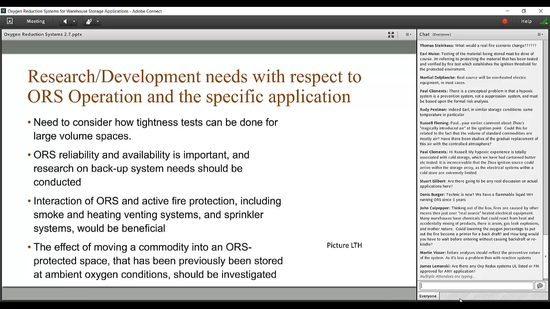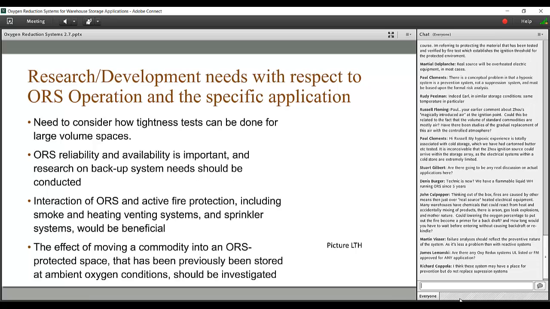With warehouses, you also have the fact that you will move a commodity from the outside into the protected space. So in certain cases, in time, there will be diffusion of the oxygen-reduced atmosphere into the commodity, if that's possible. But maybe in certain cases it is not possible.